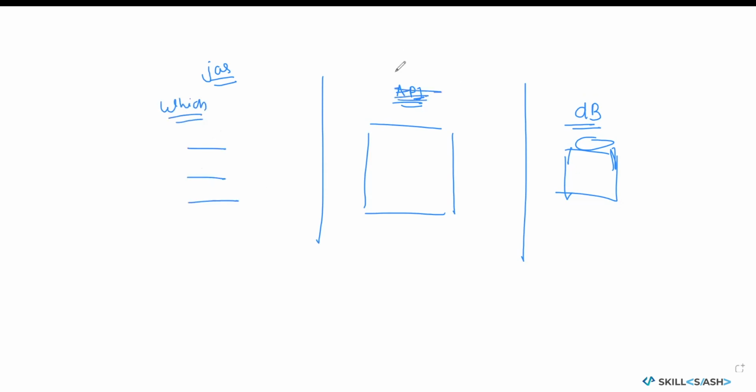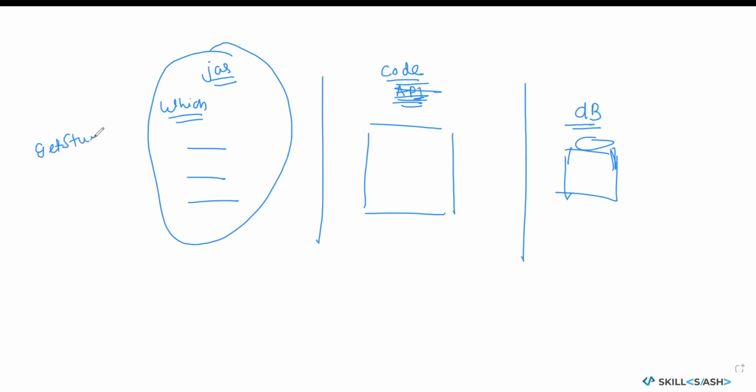So let's not say API, just understand that your code is there. Now this jar is not just like a zip that you can open, right? Whichever jar is given to you, you are telling them, hey, you have just a method called getStudentRollNumber. That's it.